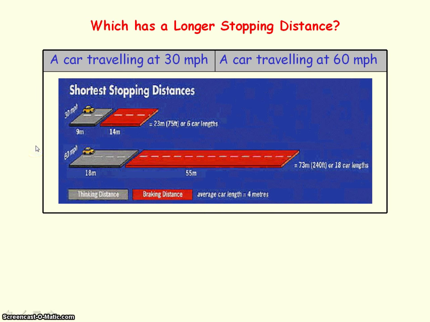The speed of the car affects both the thinking distance and the braking distance, and the car that is travelling at a greater speed will have a greater stopping distance.